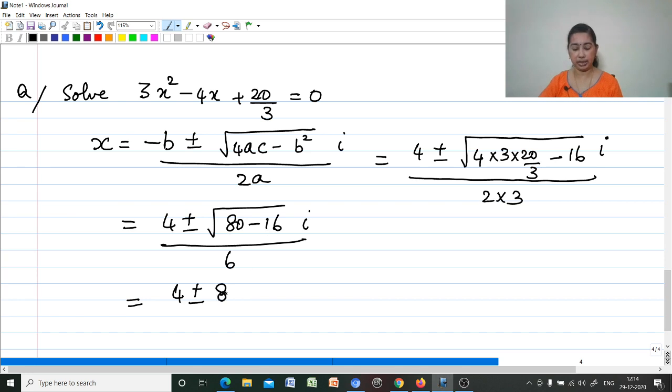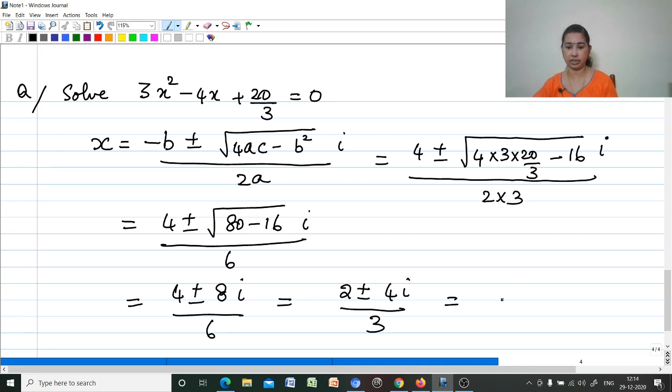Root 64 is 8, 8i divided by 6, and in numerator and denominator we can see that 2 is common. So cancelling those 2, we are getting the answer as 2 plus or minus 4i divided by 3, which is equal to 2 by 3 plus or minus i into 4 by 3.